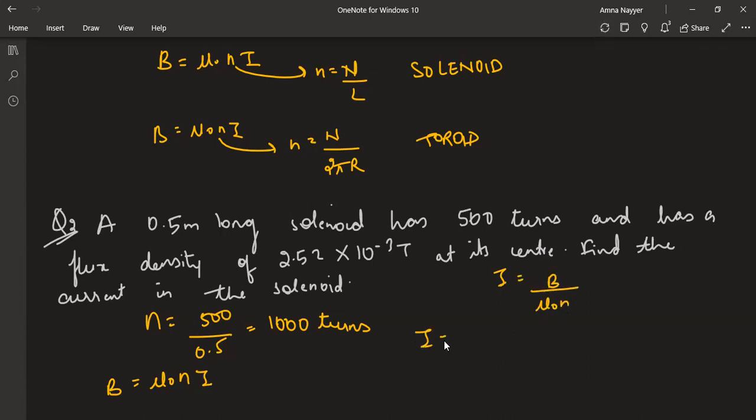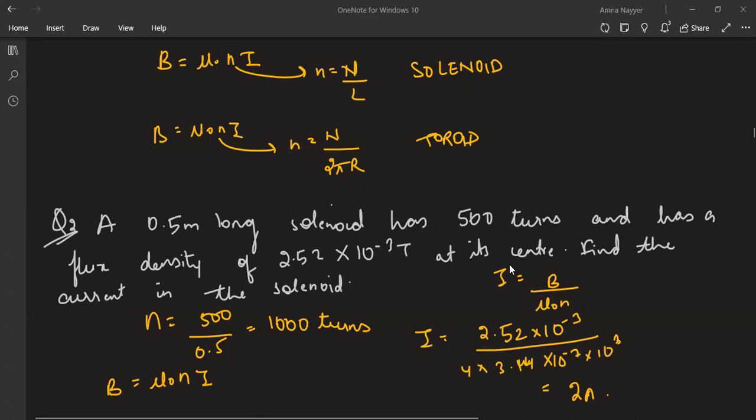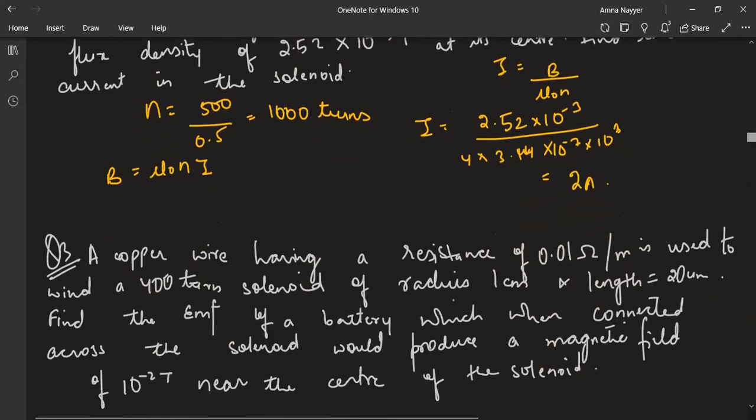B is 2.52 into 10 to the power minus 3, mu naught is 4 pi, 3.14 into 10 to the power minus 7, n is 10 to the power 3. When you solve this, you will get the answer around 1.77, so around 2 amperes. Note this down, those who haven't tried, and others try this question.